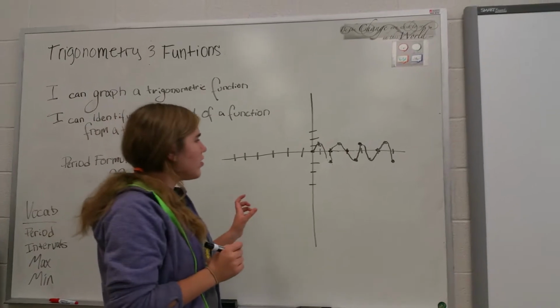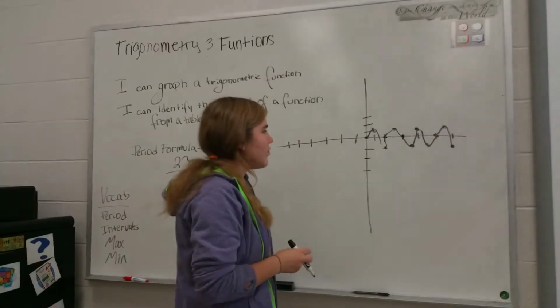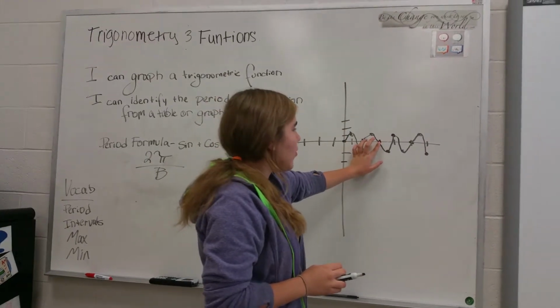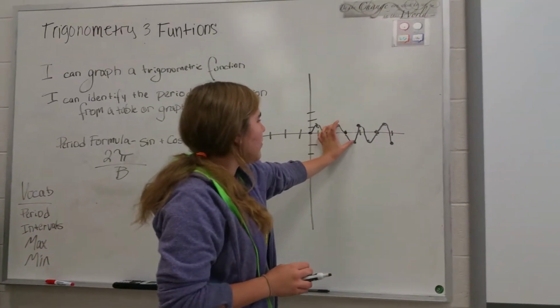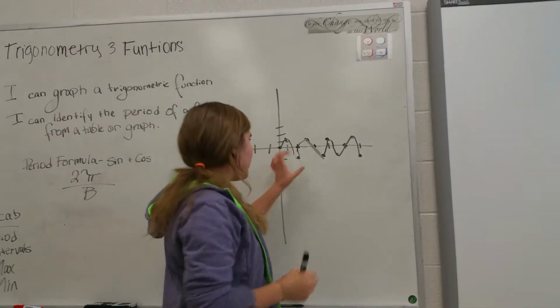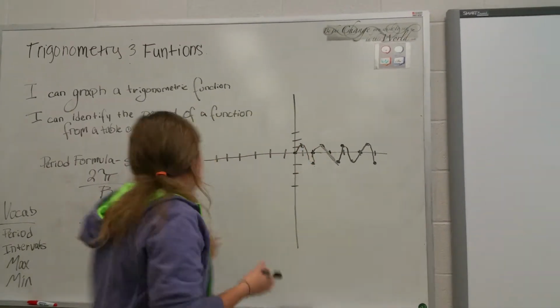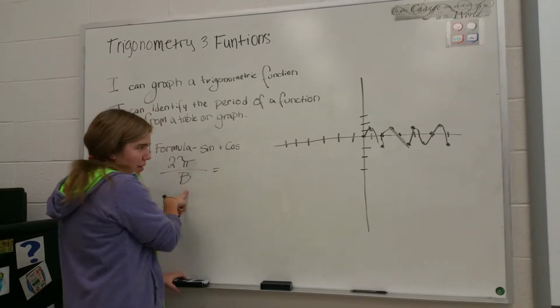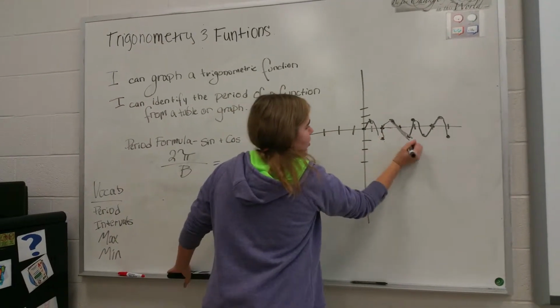Even though you do have a point here, an interval would be right here, and there are 2 spaces between that. So this right here would equal b.